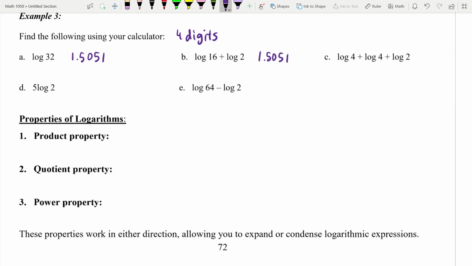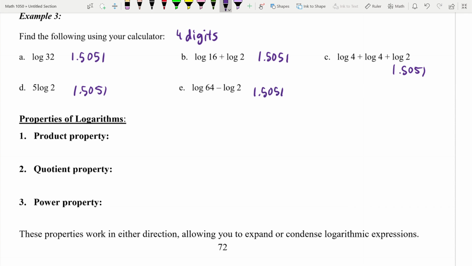Log 4, close it off, plus log 4, close it off, plus log 2, close it off. I get the same thing, 1.5051, and all 3 look different. The next one, 5 log 2, close it off, enter, same thing. The last one, log 64, close it off, minus log 2, close it off, exact same thing.